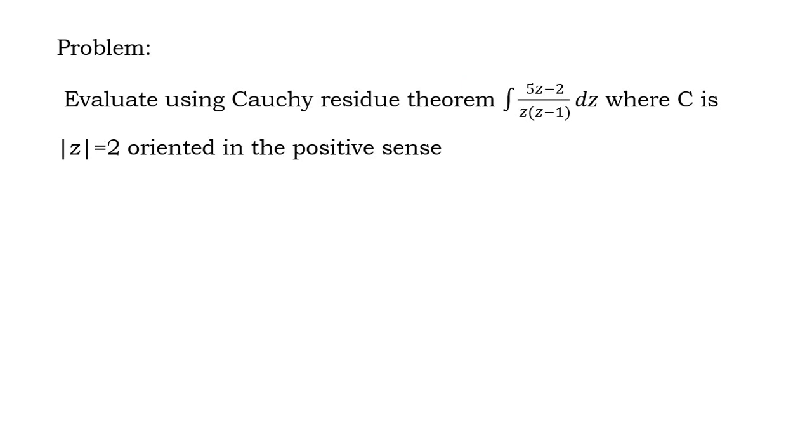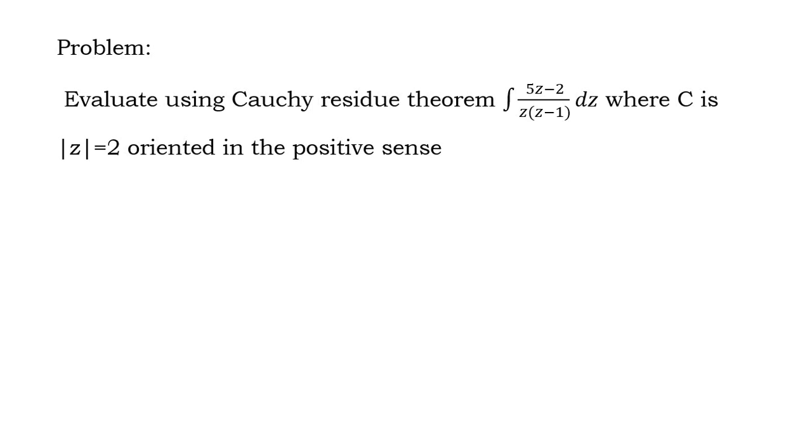So next problem, to find the residues of the function. The first one, using Cauchy residues theorem to find the value of the integral over 5z divided by z into z minus 1.